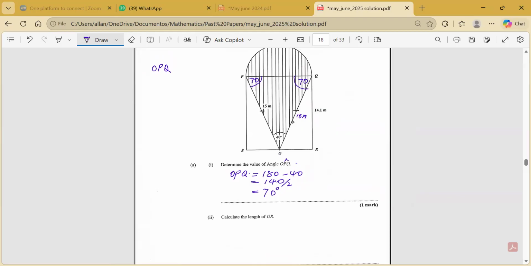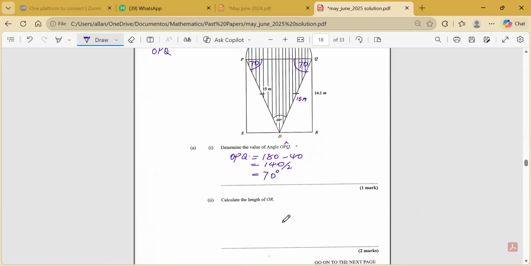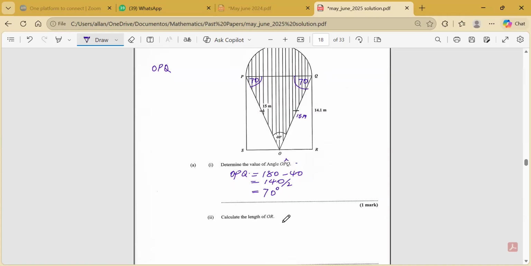Calculate the length of OR. We already know this. What rule are we going to use? Somebody? 1 mark. 2 marks. What rule are we going to use to get OR?